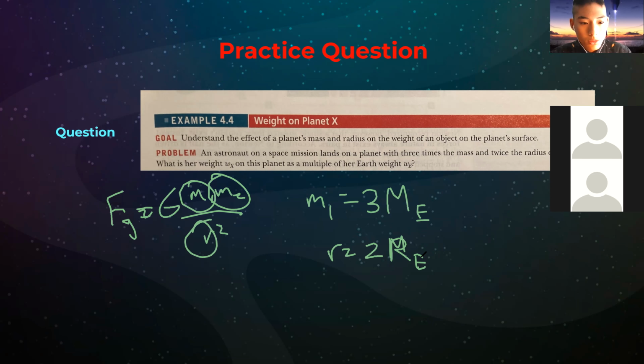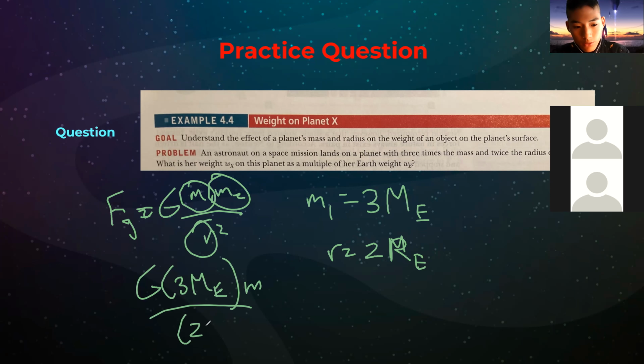So what we would do is we would do G 3ME over M over the square of 2R squared. That gives us FGX.